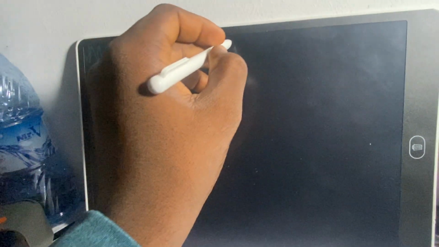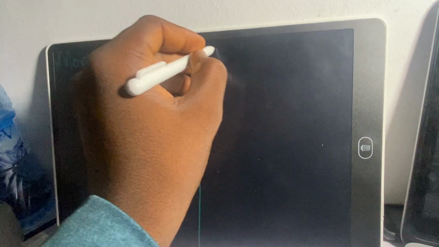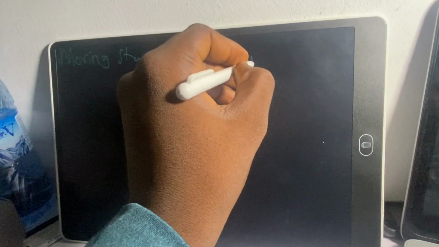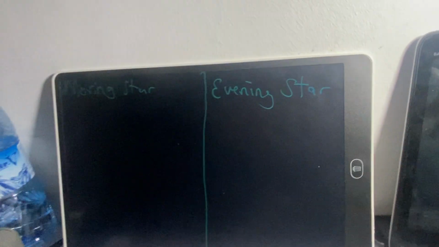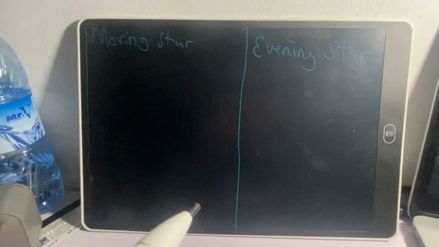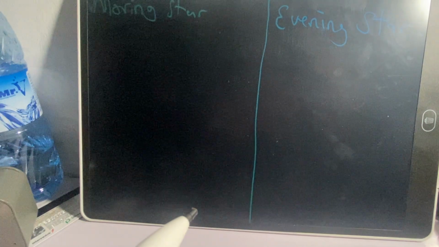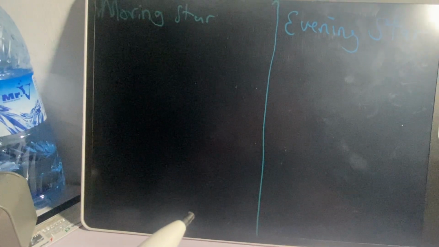Let me do it this way so that we can get it, because I want to show this page. The evening star. The morning star and the evening star both consist of 3 candlesticks.